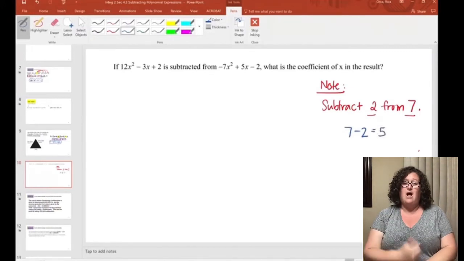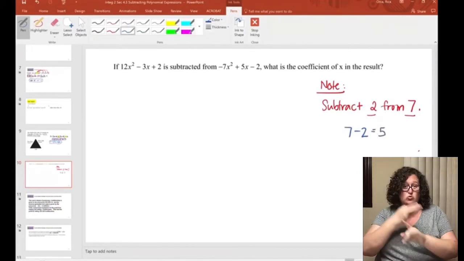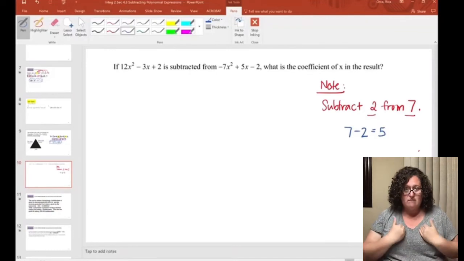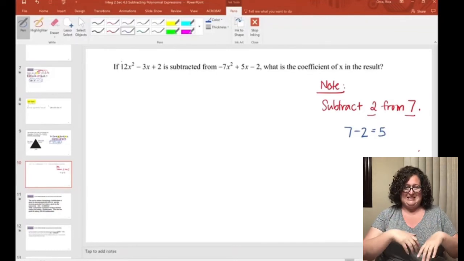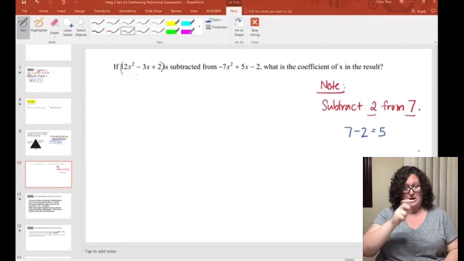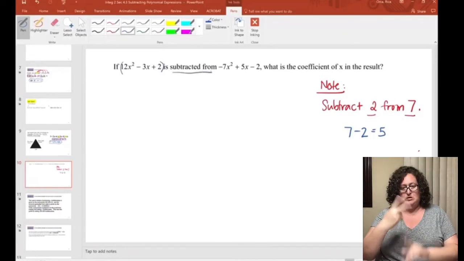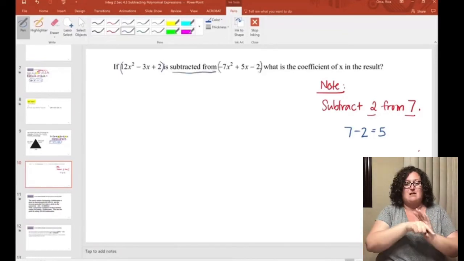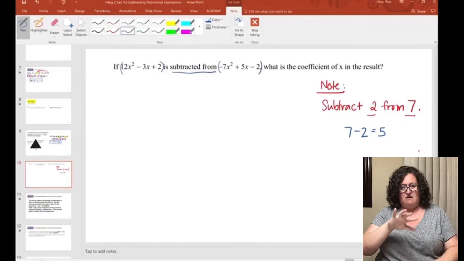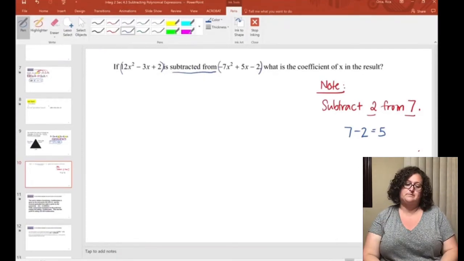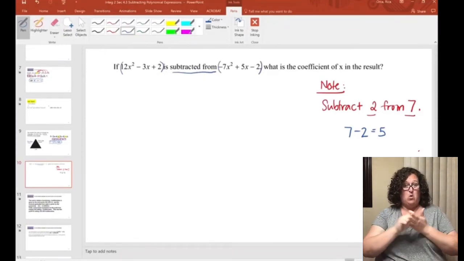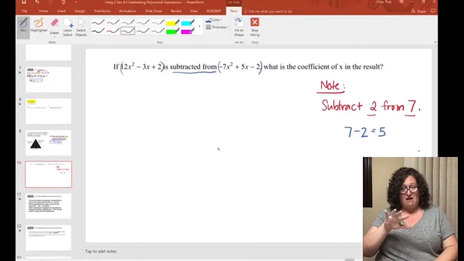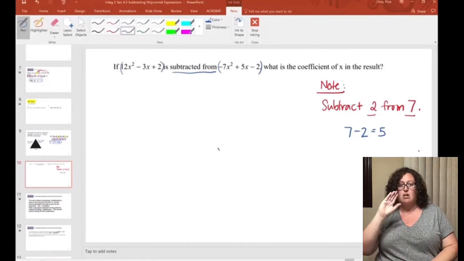Now we're going to take that concept and apply it to what we have. We want to take 12x squared minus 3x plus 2 and subtract it from the negative 7x squared plus 5x minus 2. Which means that when we rewrite the problem, the negative 7x squared plus 5x minus 2 is going to come first.